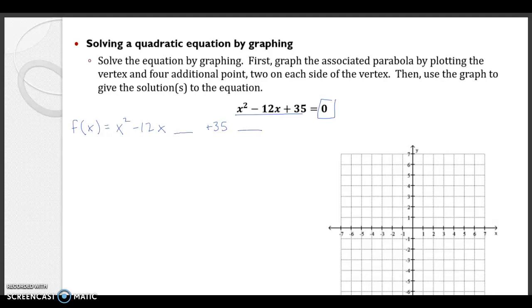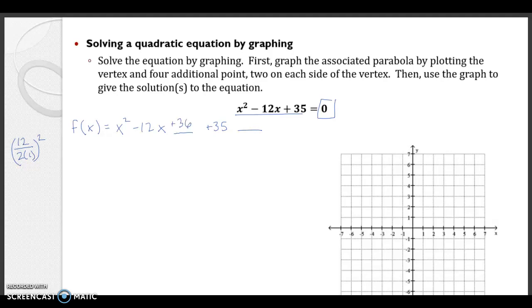What am I going to add here? Well, I'm going to add 12 over 2 times 1, squared. Where did that come from? Negative b over 2a. Okay, so that ends up being 6 squared, which is 36.